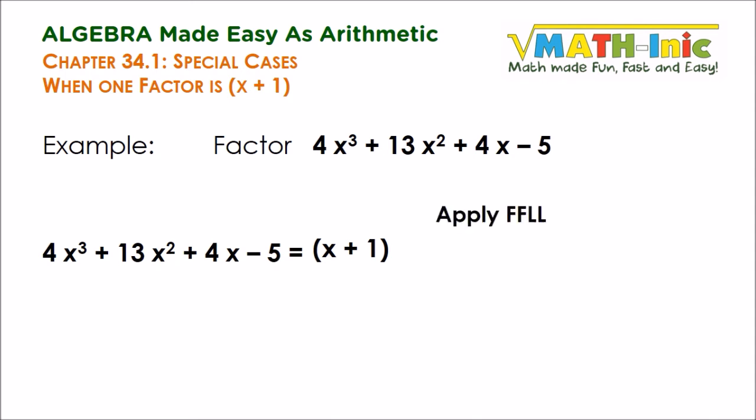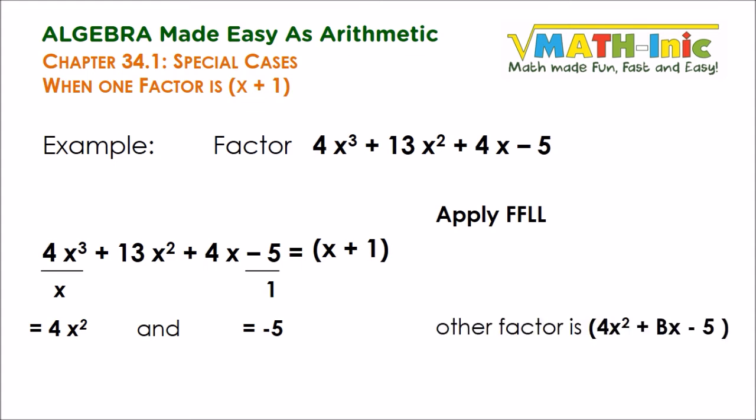We can again apply the first by the first and the last by the last. Applying those, we get 4x cubed divided by x is equal to 4x squared, and negative 5 divided by 1 is negative 5. The other factor, therefore, is 4x squared plus bx minus 5.